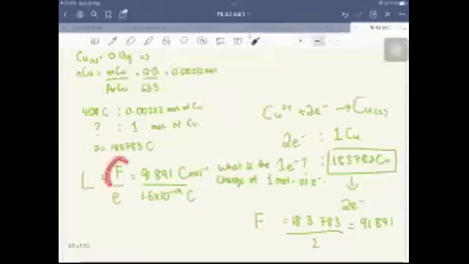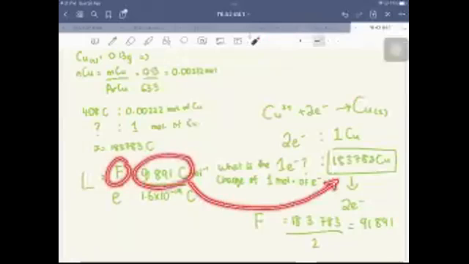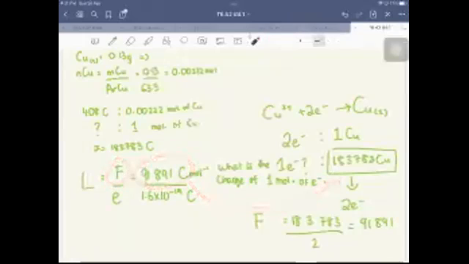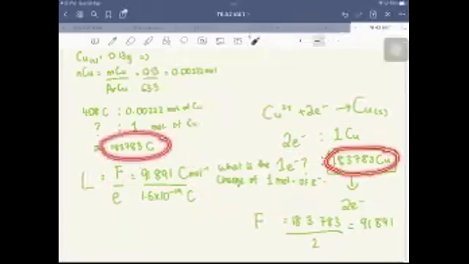The charge of 1 mole of Faraday's has been found based on my experimental value, okay, where forming 1 mole of copper would have required 2 moles of electrons. And that means this number that we found here is associated with 2 moles of electrons.